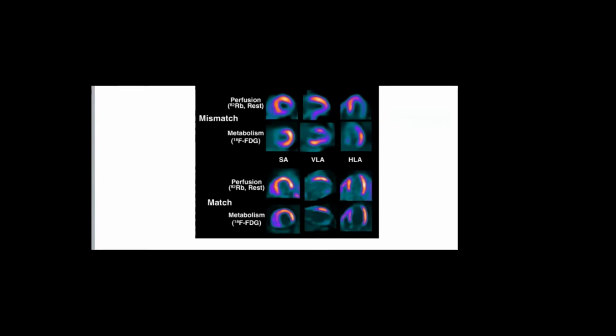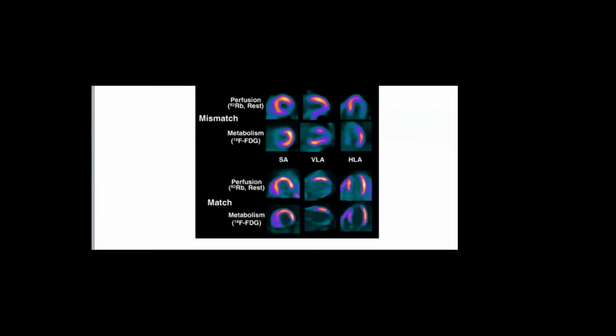Of course, here there is no rest and stress; this is all a rest scan. There is a perfusion scan on top and a metabolism scan in the second row. So this is a comparison between the perfusion map and the metabolism map. This is PET evaluation of viability.